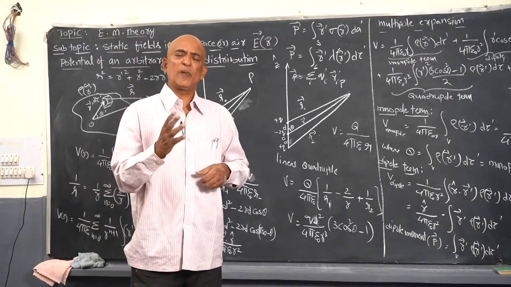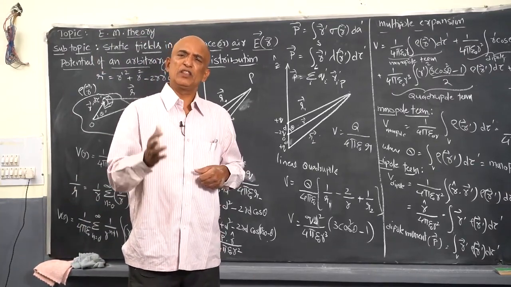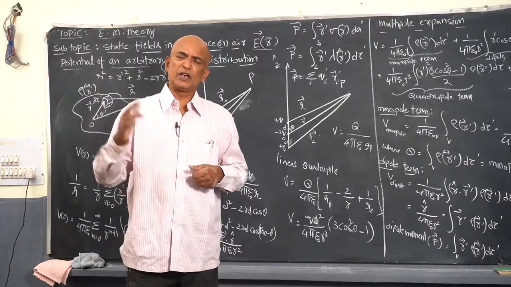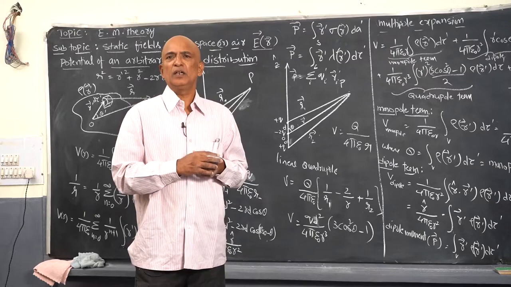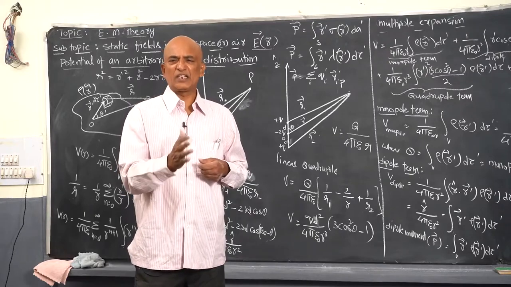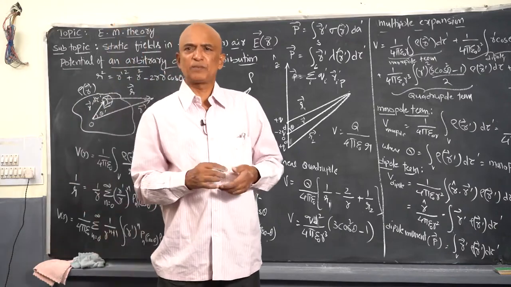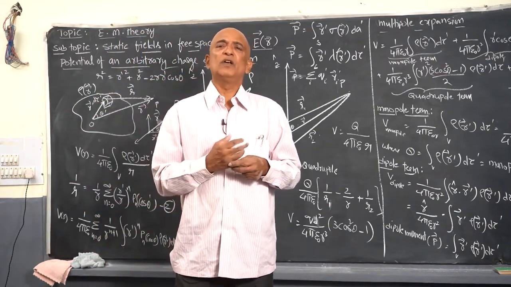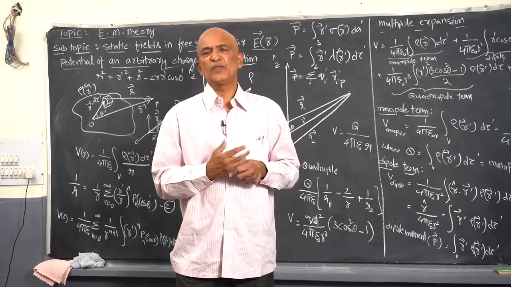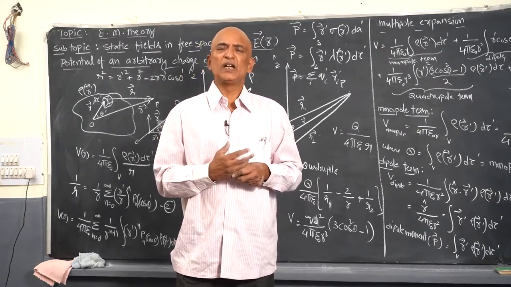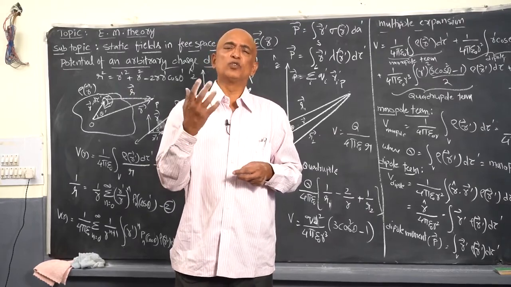So the dipole moment, the quadrupole moment, the octupole moment and all other higher multipole moments generally depend on the origin of coordinates, but the monopole moment, which is the net charge, does not. Now I will take up some examples where I will calculate the dipole moment of some charge distributions and see the role of the origin of coordinates on those dipole moments.